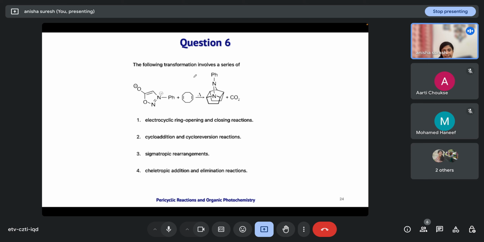So when you see the product, see CO2 is getting removed.